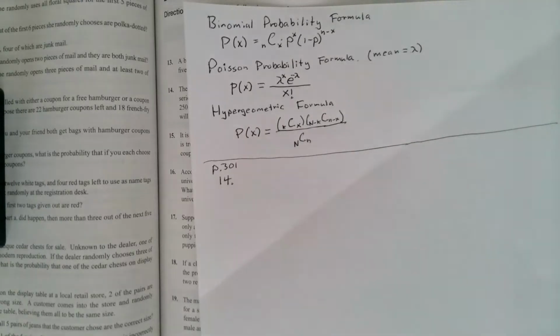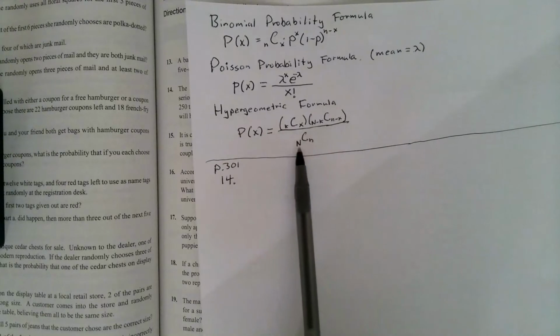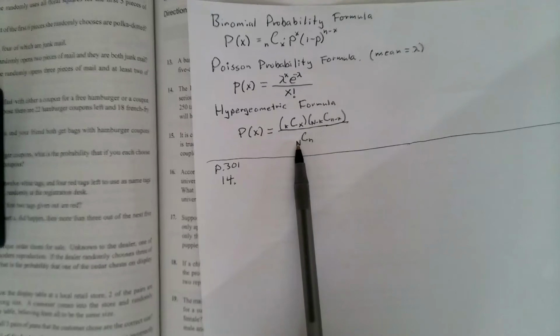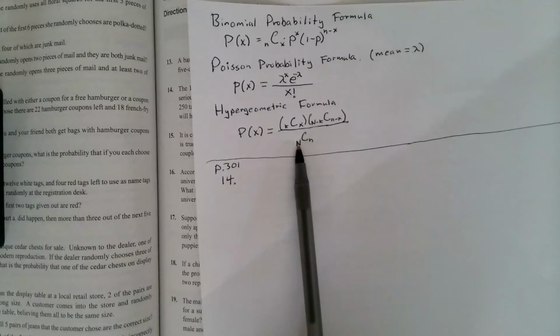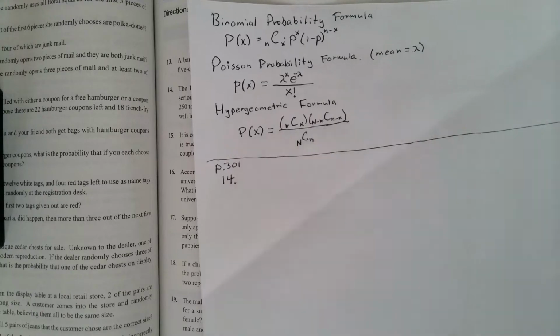With a hypergeometric distribution, you have objects consisting of two types, such as marbles with two different colors. Capital N is the total number of marbles you have. Little n is the number of marbles you're selecting.